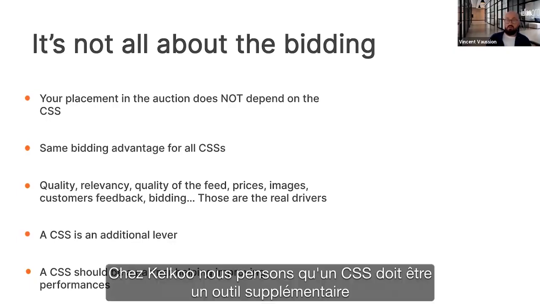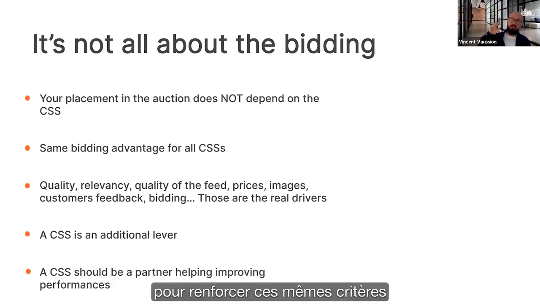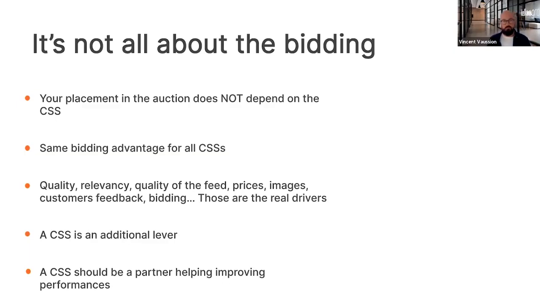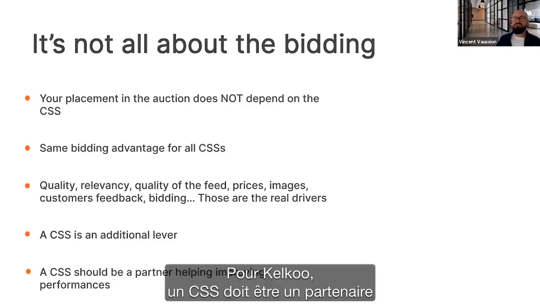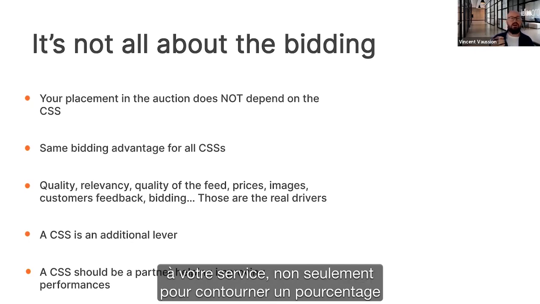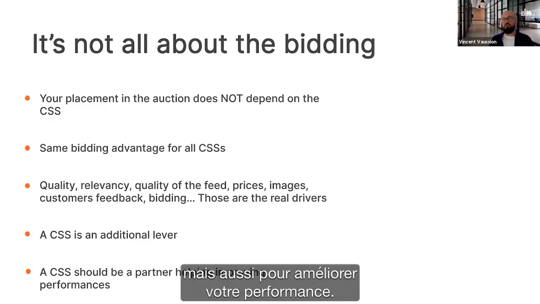So in our opinion at Kelkoo, a CSS has to be an additional lever to make those points that we just mentioned stronger and therefore improve your performance. A CSS at Kelkoo should be a partner that is there at your service, not only to help you bypass a margin, but really help you to increase your performance.